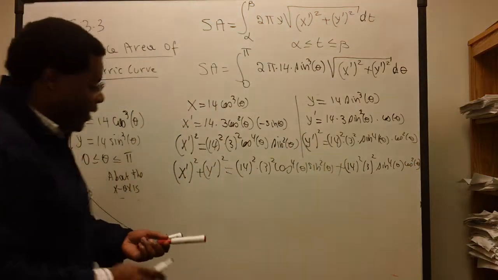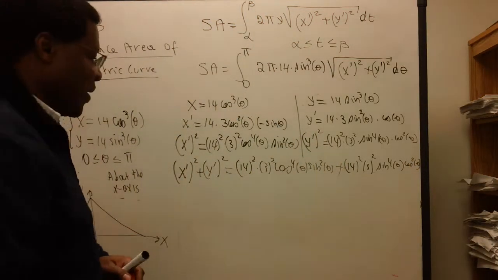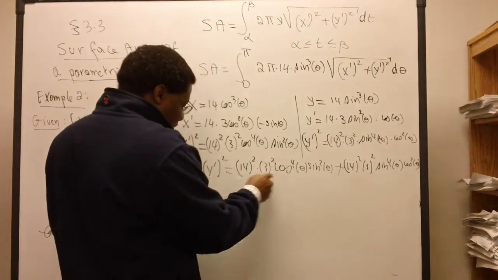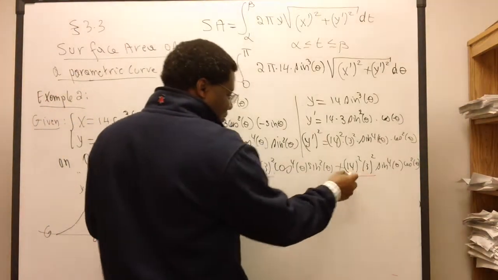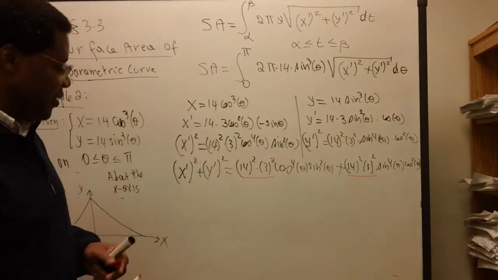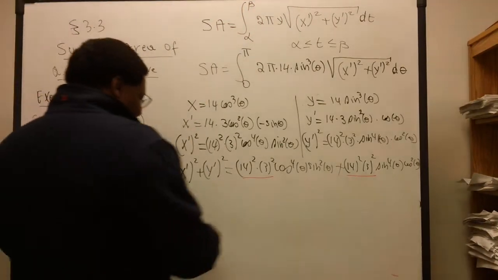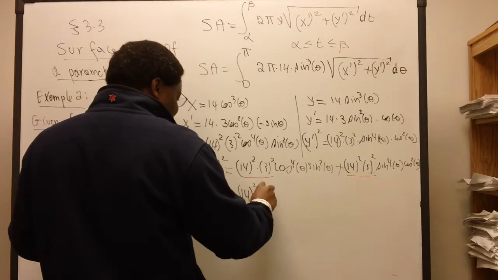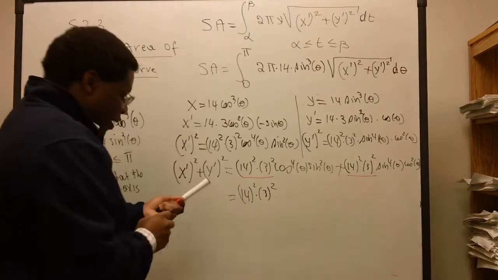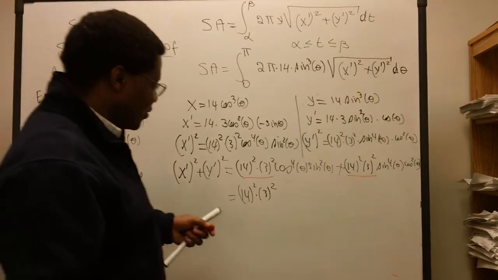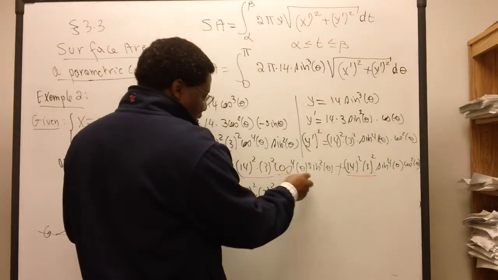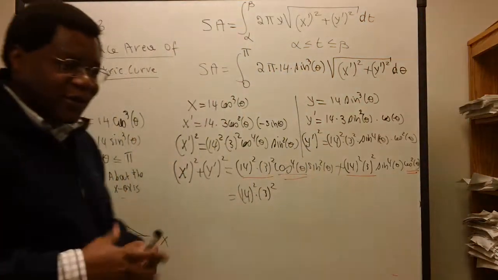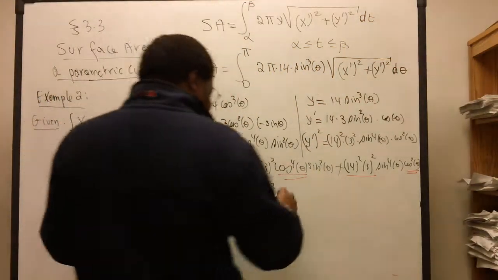Okay, so now when I look at those two terms, I can see like terms. I can see that the constants are exactly the same. So I can factor out the constant 14 squared times 3 squared. Then when I look at cosine to the fourth, here I have cosine squared, so I can factor out one cosine squared.